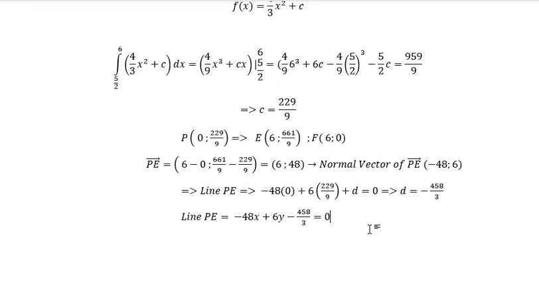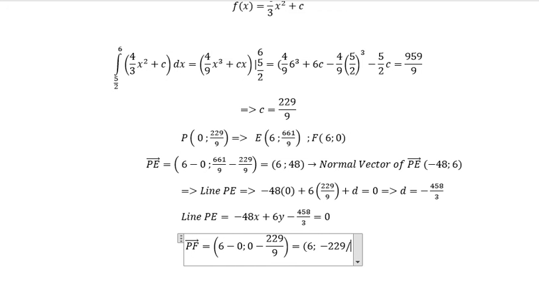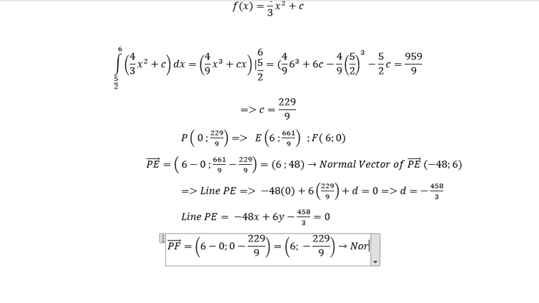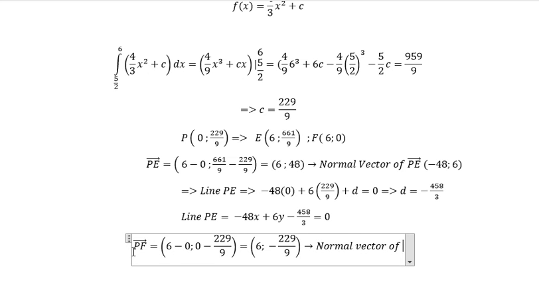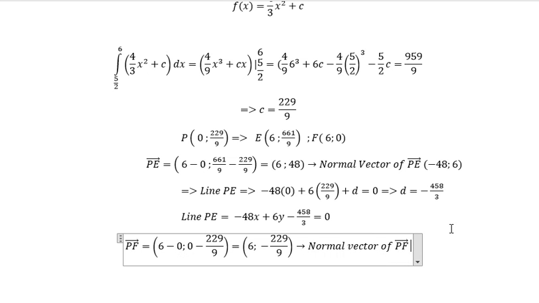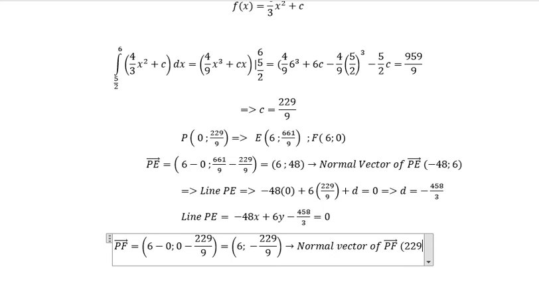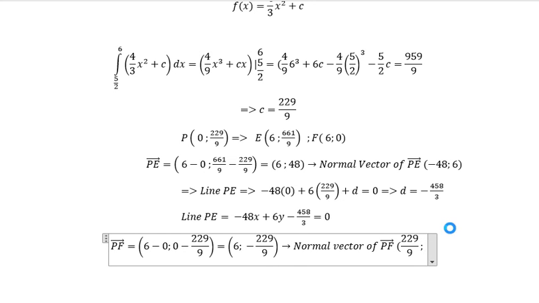We do the same as for PE. For F we have 6 minus 0 and 0 minus this number, so we can find the normal vector of PF, which is 229 over 9 and 6.